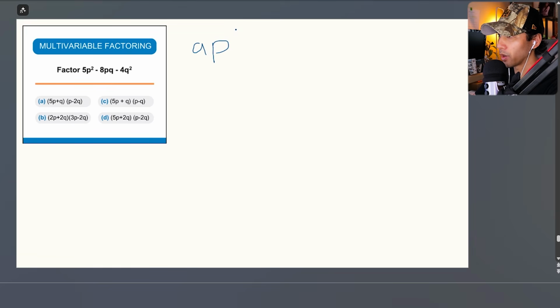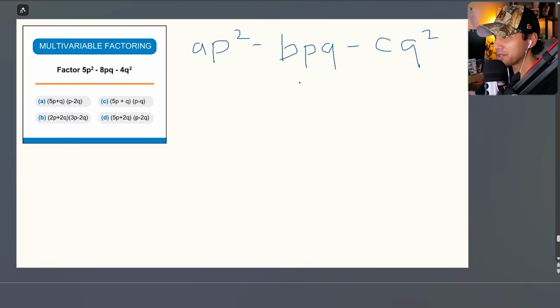So I'm going to write the equation: Ap squared minus Bpq minus Cq squared. I don't know what this is called. I think it's like this squaring binomial formula or something like that, but I don't know what this is called. But from this equation, in terms of p and q, I'm just going to highlight these for you guys.